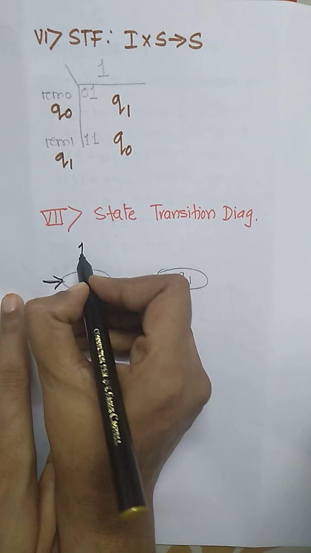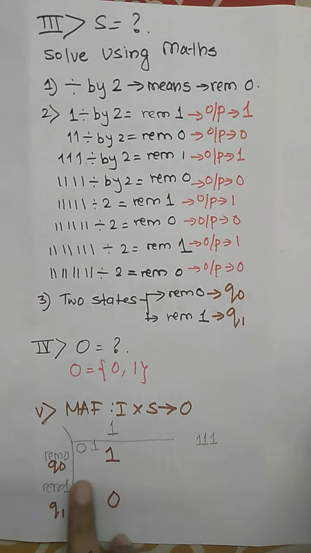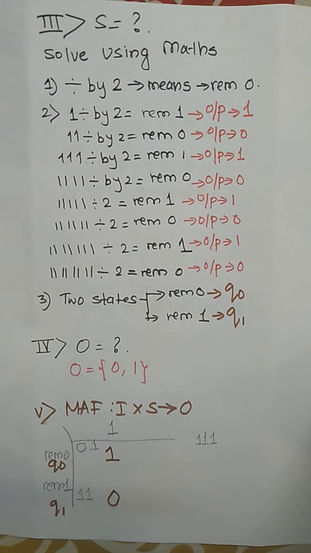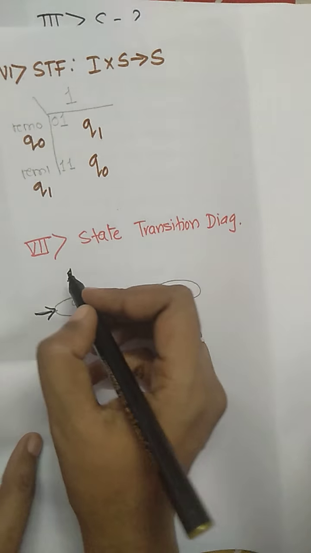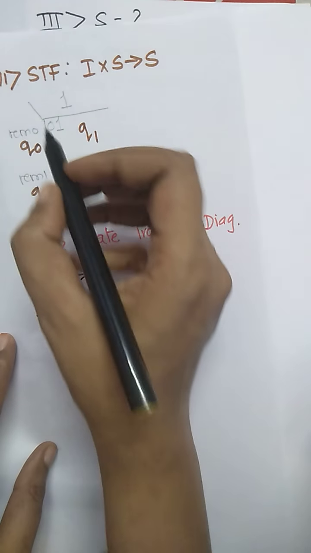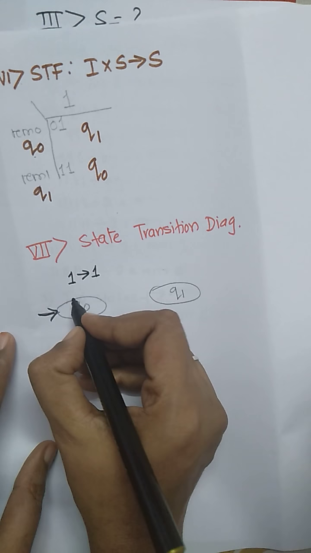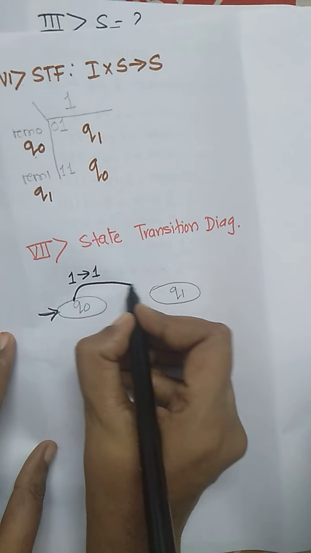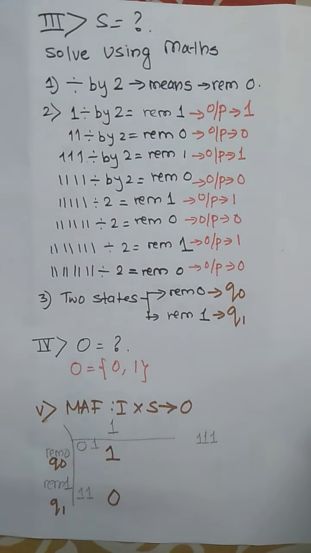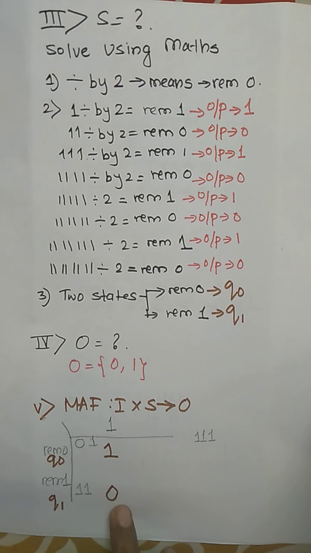We consider the machine function: Q0 with input 1 produces output 1. Similarly, Q0 with input 1 goes to Q1 according to the state function.